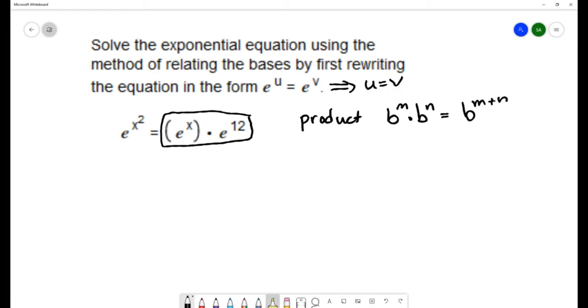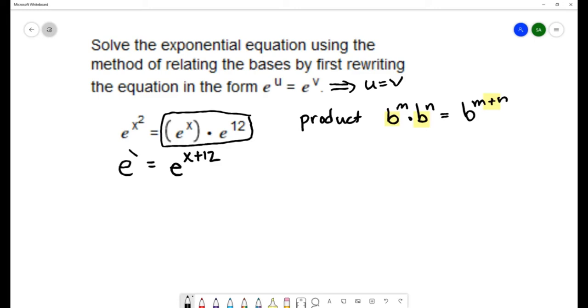So if we're multiplying expressions that have the same base, we're going to be able to simplify by adding those exponents together. And that's exactly what we have on the right-hand side of our equation. We're multiplying expressions with the same base, so we're going to be able to add those exponents together. So we get e to the x plus 12.